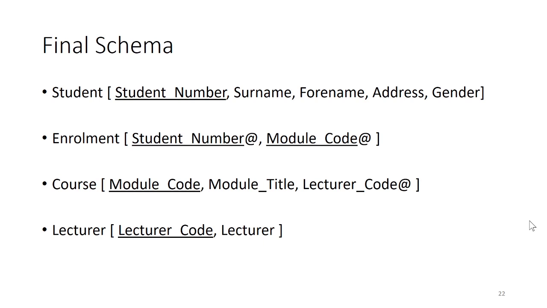Next one is course or module: module code, module title, lecturer code. Again, this is a primary key. We have a foreign key here, lecturer code, which could be linked to this entity, and lecturer is the last entity with two attributes in the square brackets, and the first one is the primary key.